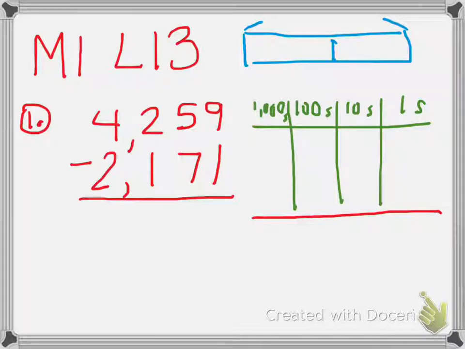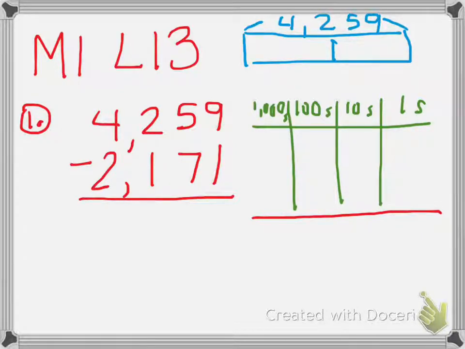On the top, in blue, I made a tape diagram. So when we're doing subtraction problems, we want to be thinking about the whole number, and that's going to go on the top of this tape diagram. So we're going to write 4,259.